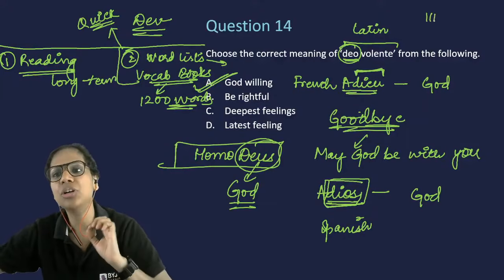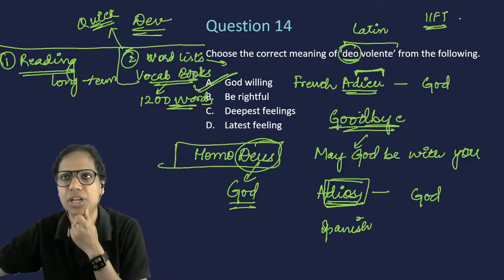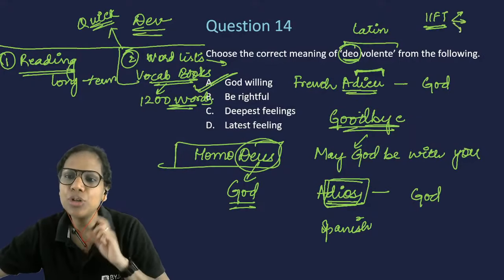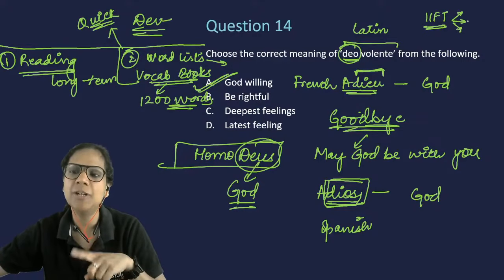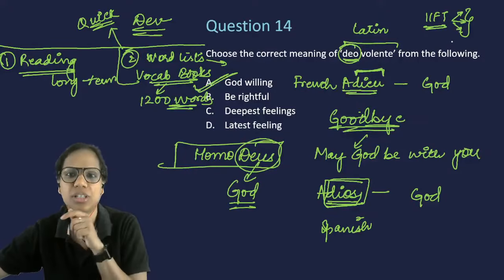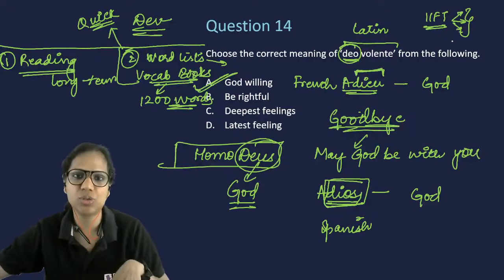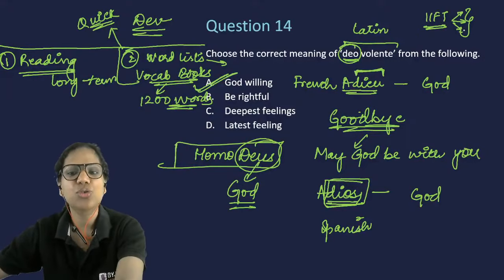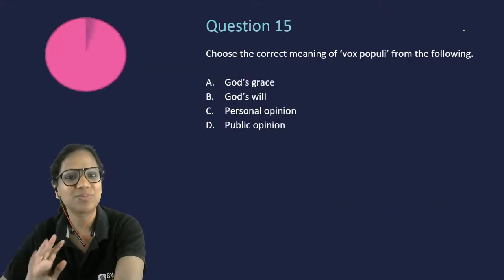In fact, open your IIFT paper, the recent paper itself. You will see that a number of questions that came in vocabulary were from Word Power Made Easy. In the sense, the words that were asked were from Word Power Made Easy. So, in case a student had done it, he or she would benefit there, right? So, don't think ये luck का matter है. No.